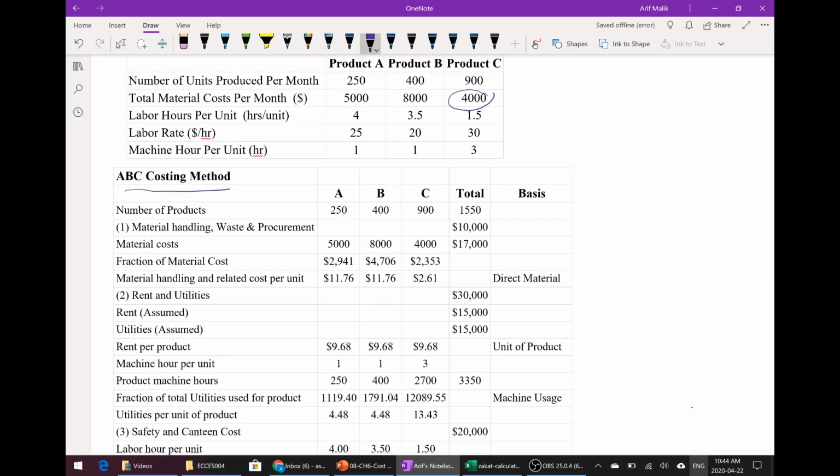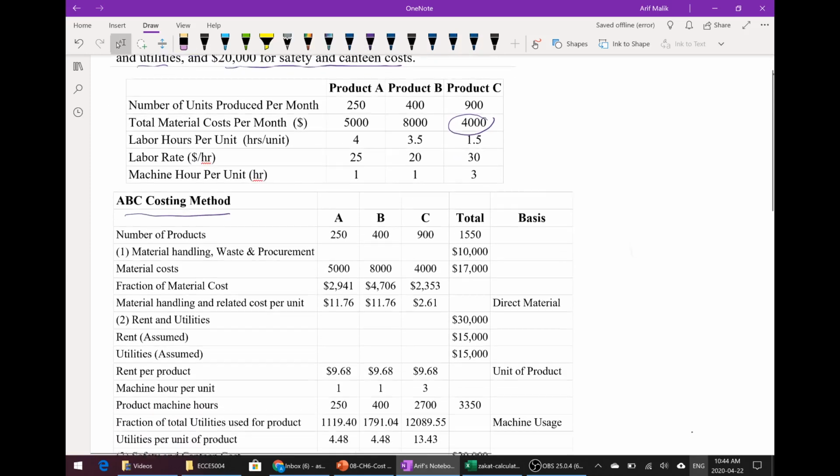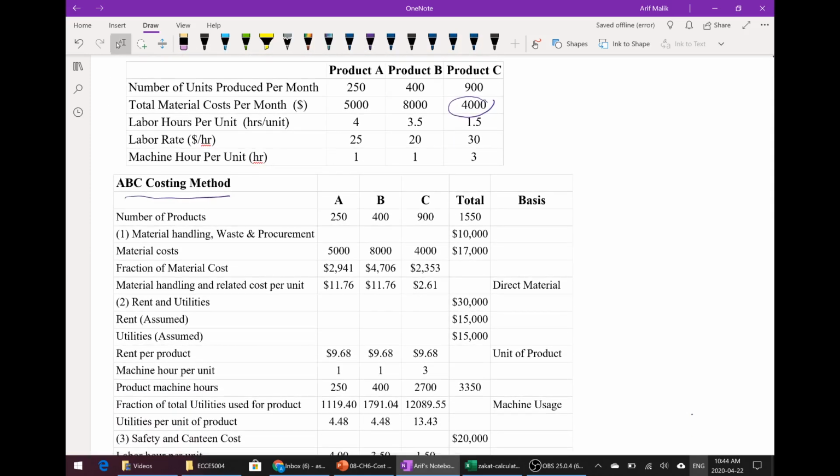So let's look at the ABC costing method for overhead charges. We have the number of products 250, 400, 900. The total number of products is 1,550. First we will look at the material handling, waste and procurement cost, which is $10,000. We have to allocate this to the products.